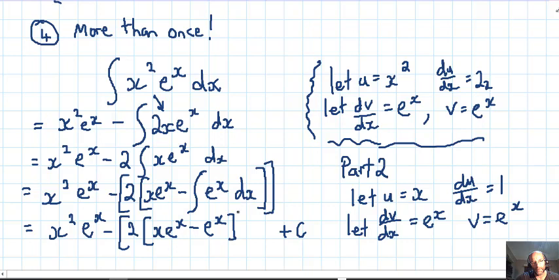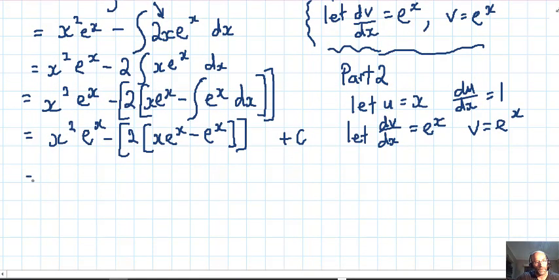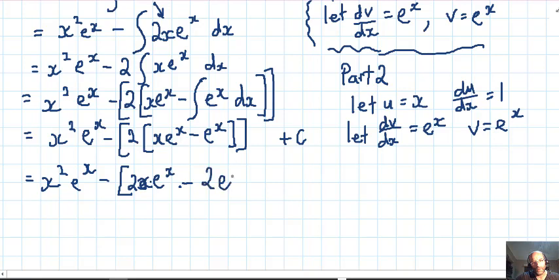And we've got x squared e to the x minus, so what we've got in here is 2x e to the x minus 2 e to the x plus c.